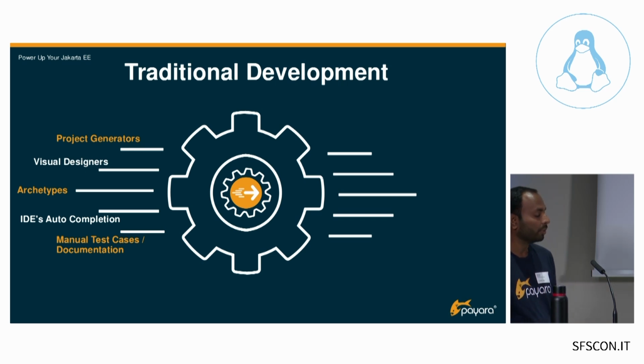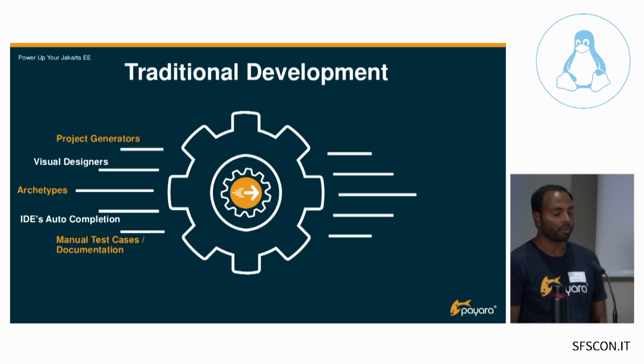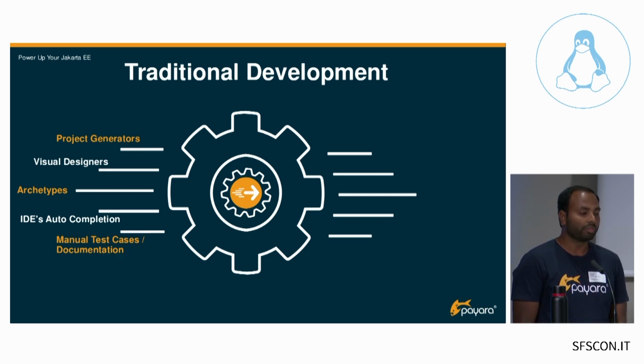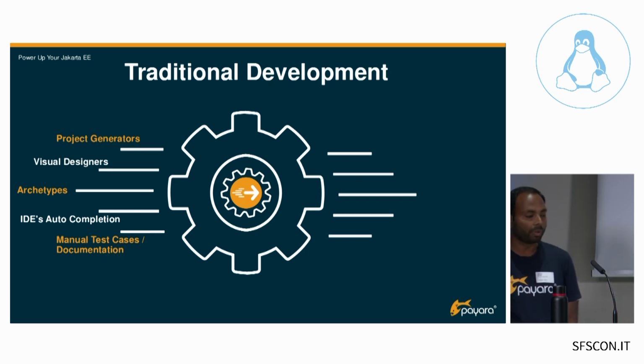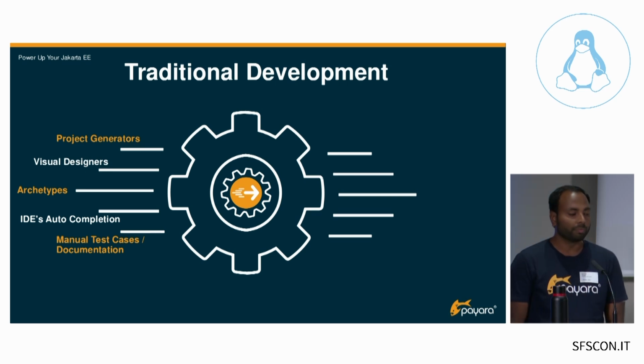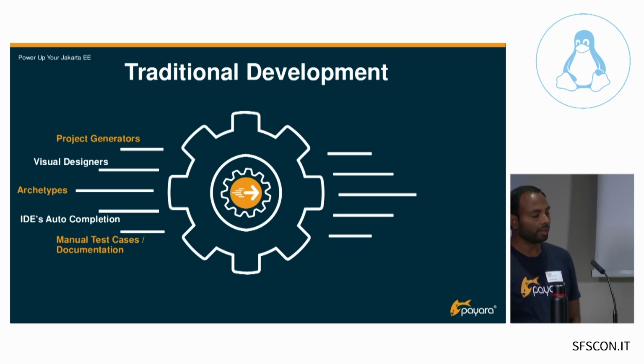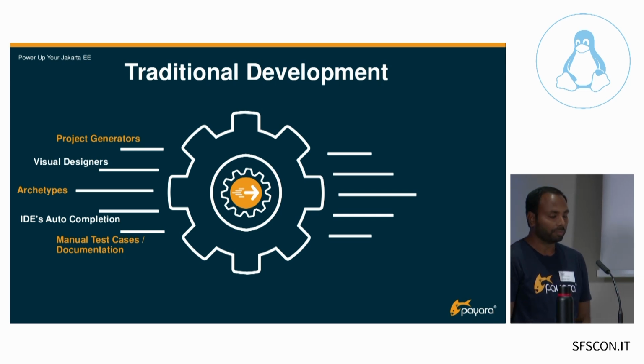So let's go through the traditional development tools on which Jakarta developers have relied over the years. Project generators and archetypes are used to scaffold the application, but they have limitations and a set of templates to generate the application.